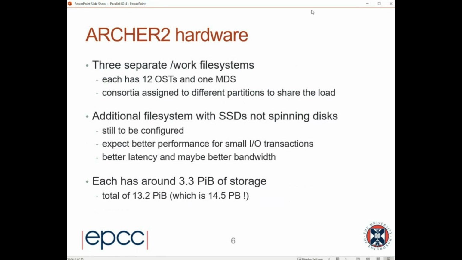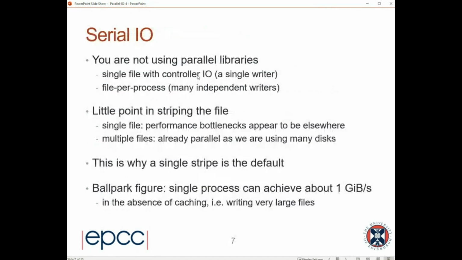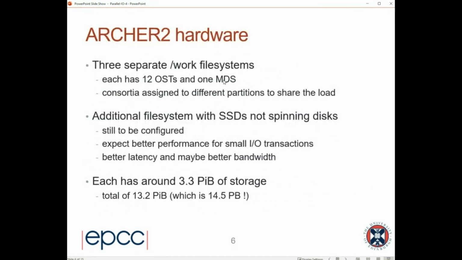So the ARCHER2 hardware. We've covered this before: 3 separate work systems, each with 12 OSTs and 1 MDS, and you'll be assigned to a different one. There is this additional SSD file system which I was able to benchmark in that talk, but I don't believe it's available for user service yet.